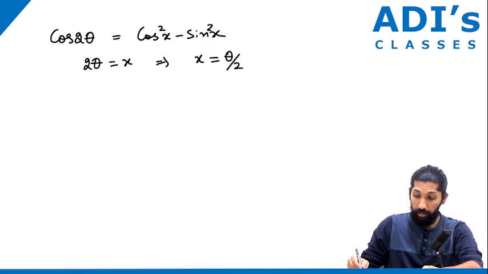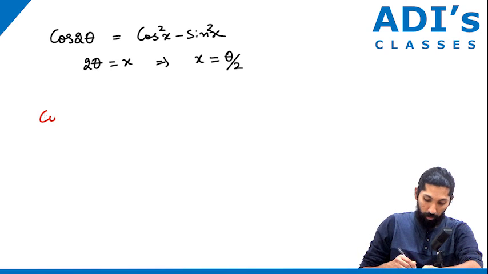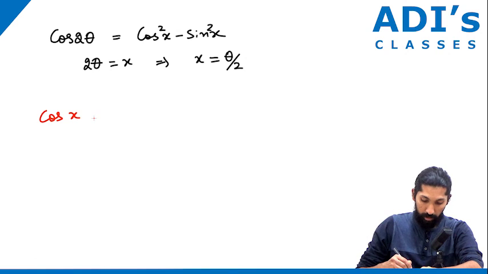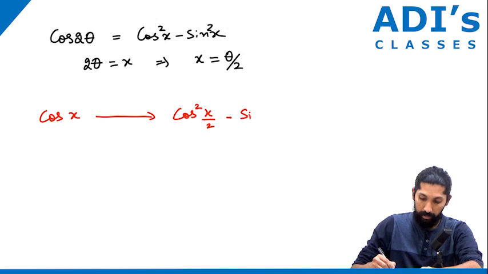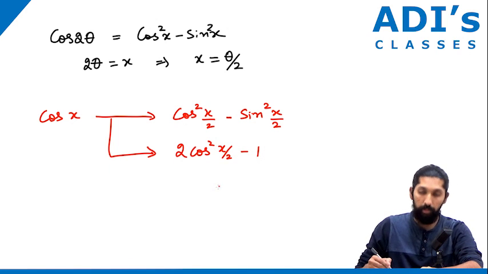Now, if you apply and do this, what are you going to get? So cos x, 2 theta is x, right? So cos x is equal to, the first one is cos square x by 2 minus sin square x by 2. Second one, 2 cos square x by 2 minus 1.